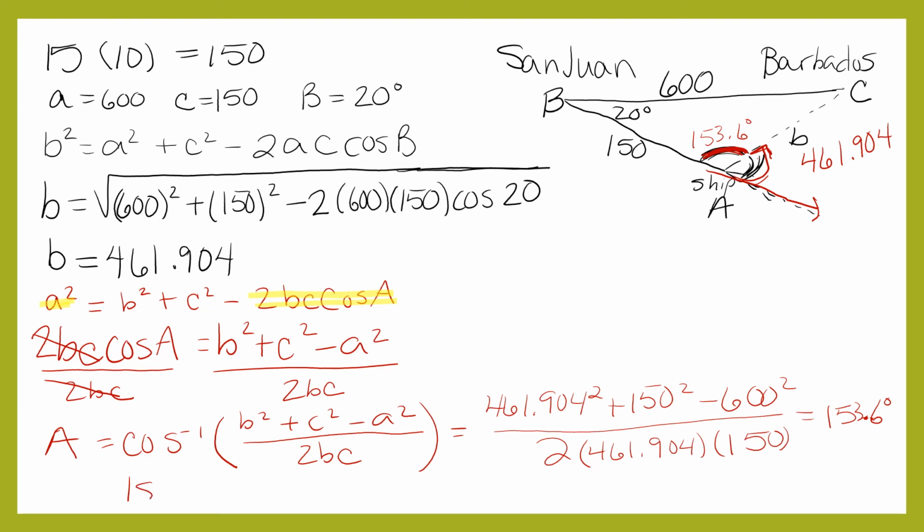So 180 minus 153.6 will equal 26.4 degrees. So the captain should make a course correction of 26.4 degrees to head to Barbados.